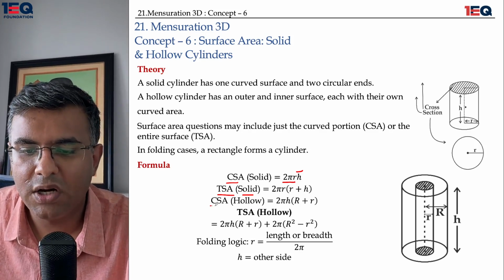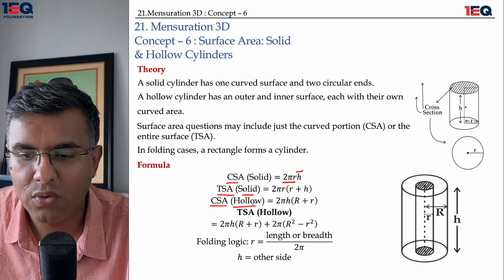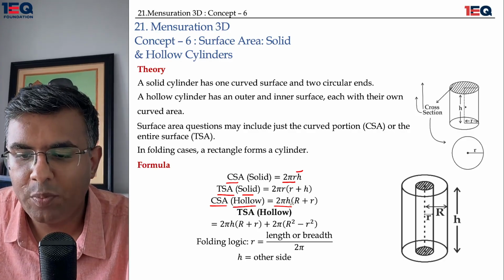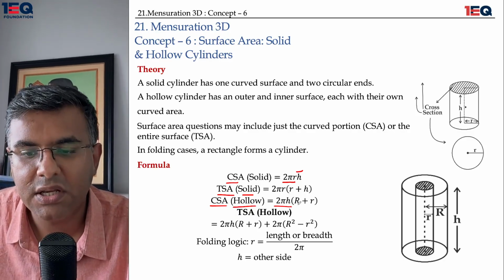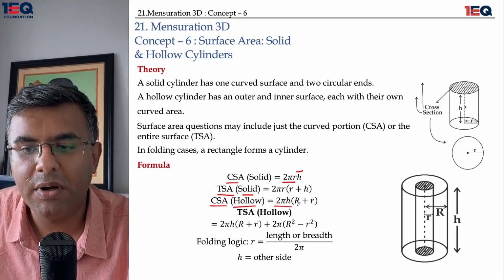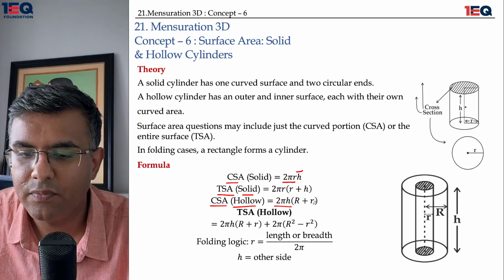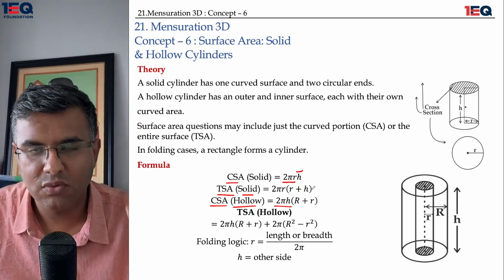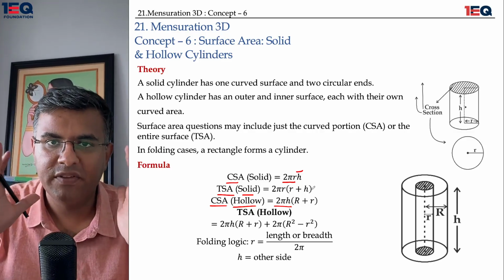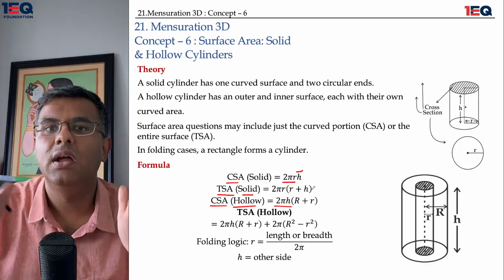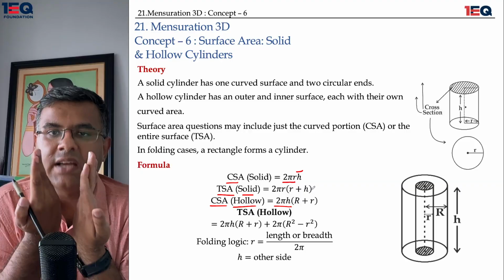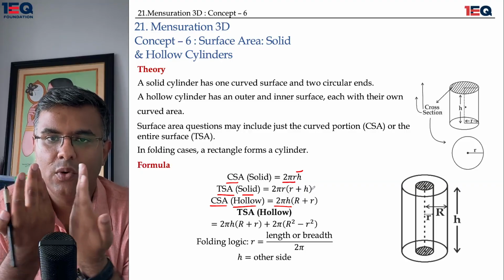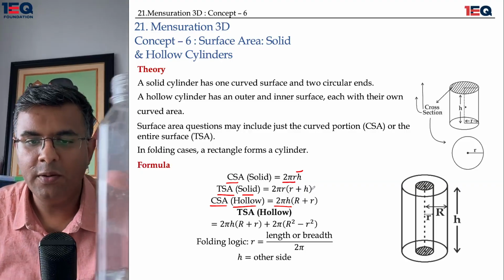Talking about the curved surface area of a hollow cylinder, it is 2 pi h in the bracket capital R plus small r. So it's basically 2 pi rh of the outside, which is the capital R, and 2 pi rh of the inside, which is small r. I'll show you with the help of a bottle.